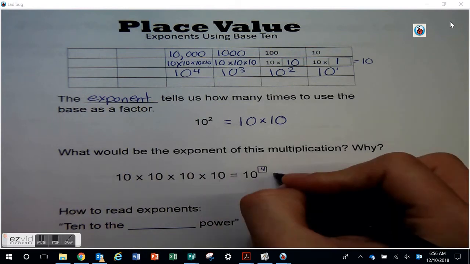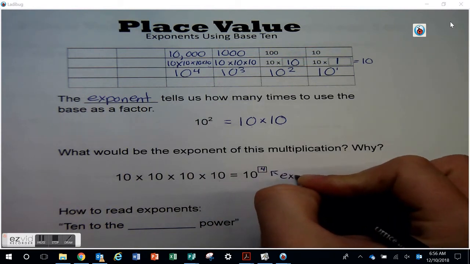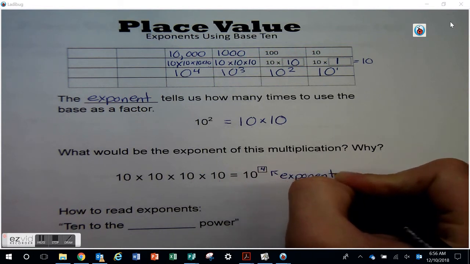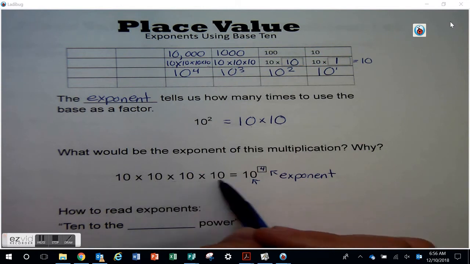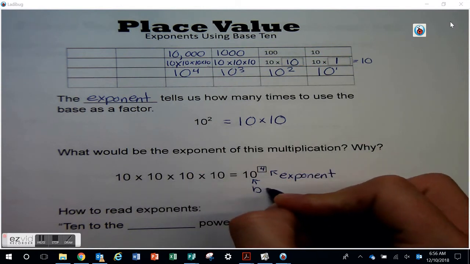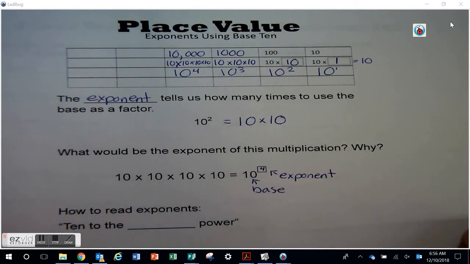Notice how here this is the exponent. And this 10, this number that we keep multiplying by itself, we call that the base, the base number.